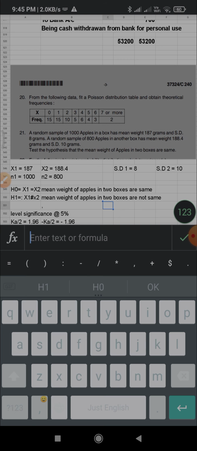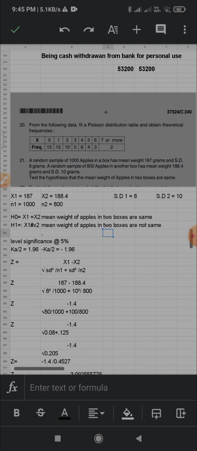That is, the mean weight of apples in two boxes are not same, that is H1. H naught is the mean weight of apples in two boxes are same, and the mean weight of apples in two boxes are not same is the alternative hypothesis.